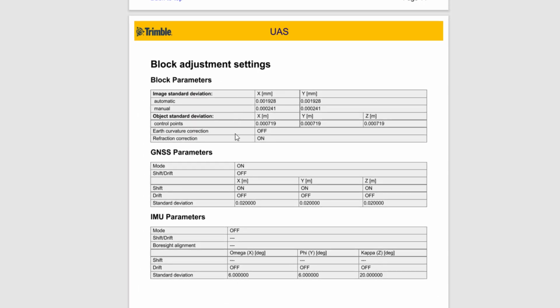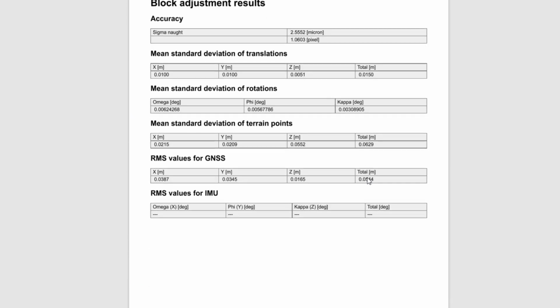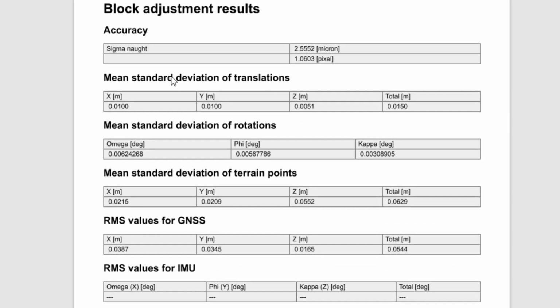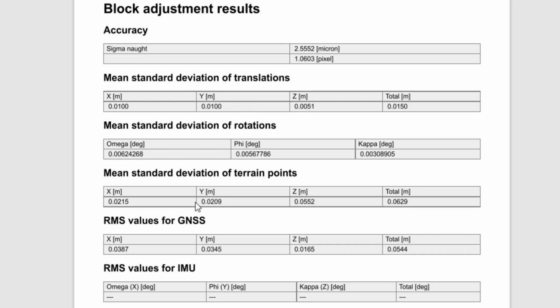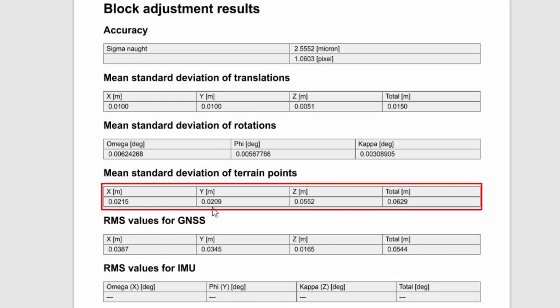These are our input values. We have high precision GNSS, so we started with 2 centimeter. And when we now go to the result, we see that everything is bound to our GNSS. The standard deviations are centimeter accurate. And on the ground, we are still reaching 2 centimeter in position and 5 in height.